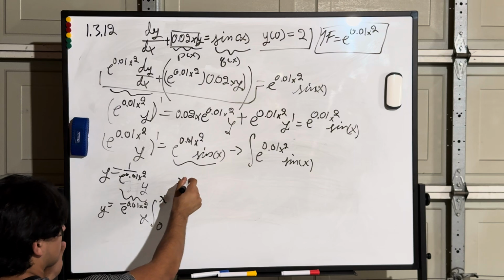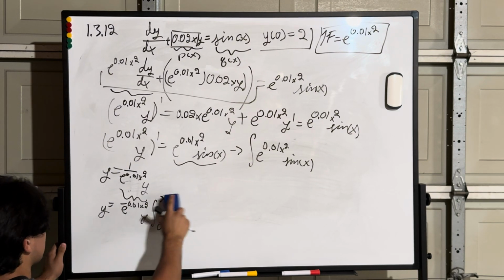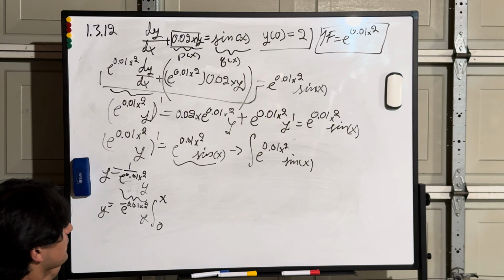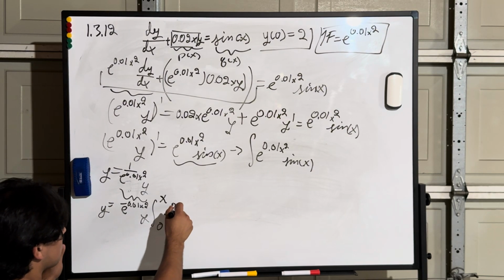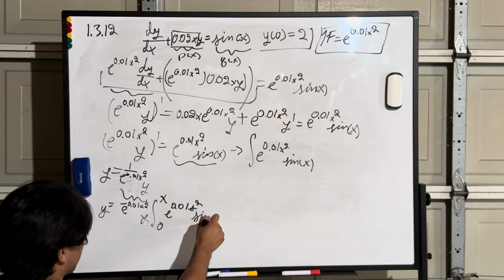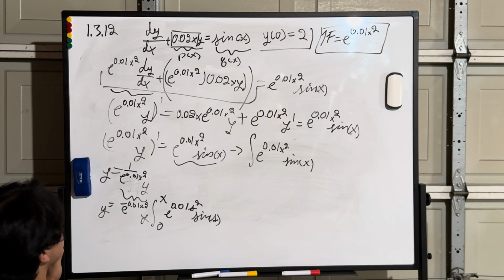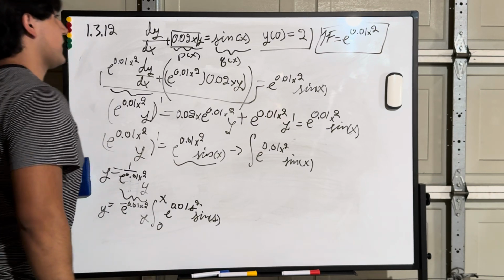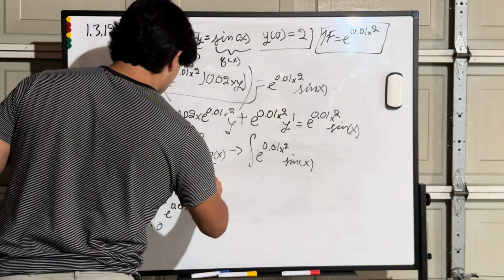So it's like limit x to s or something. So 0.01 s squared sine s. Oh, and the reason he does that, I think it's a limit. Could be wrong.